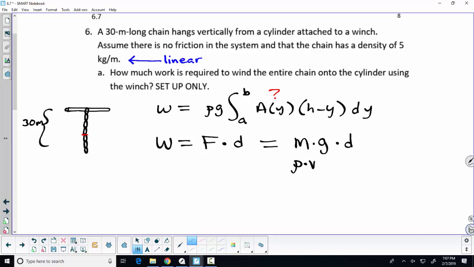Mass is density times volume, but we don't have a volume, do we? Well, we have a length. So remember we said density, depending on the situation, is mass times volume, mass times area, mass times length. So that's how we're going to utilize the information that's given to us. Density times length.